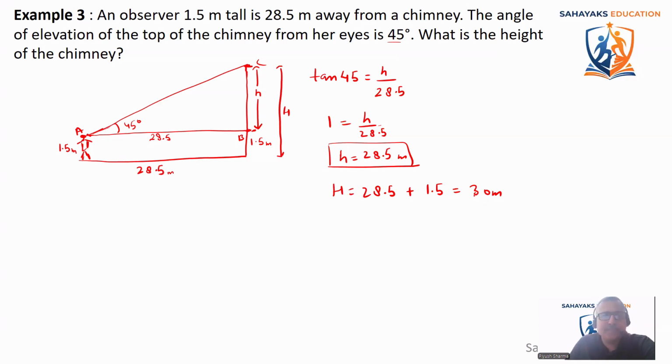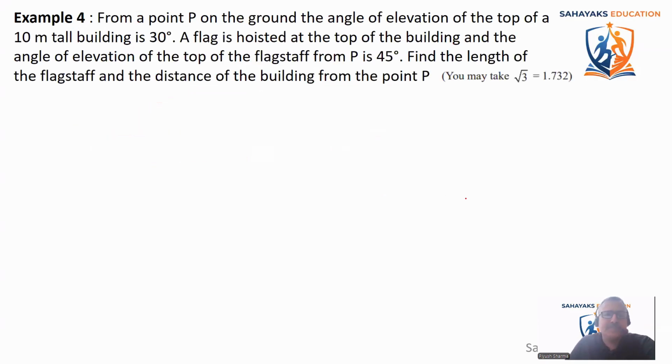So is this part clear? Okay, so coming to the next. From a point P on the ground, the angle of elevation of the top of a 10-meter tall building is 30 degrees. So there's a 10-meter tall building. This is the building, 10-meter tall.